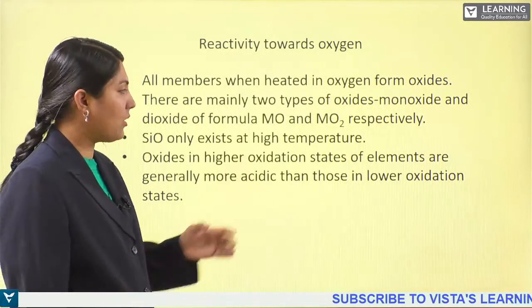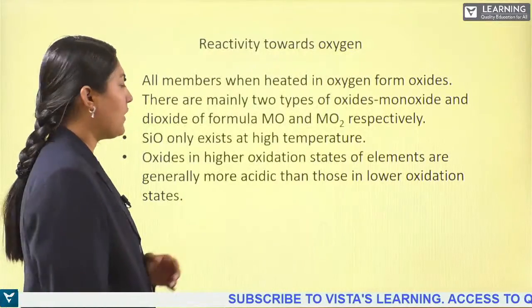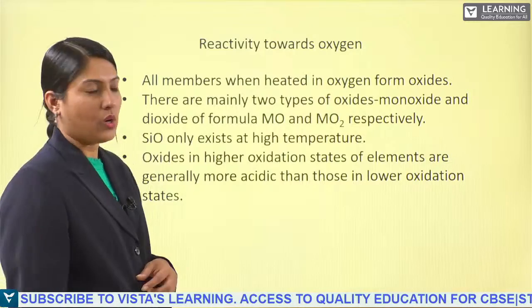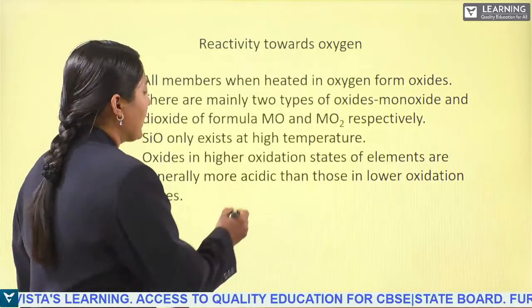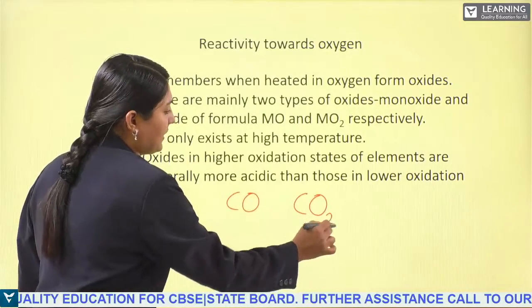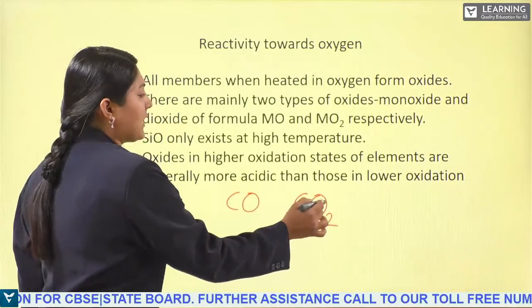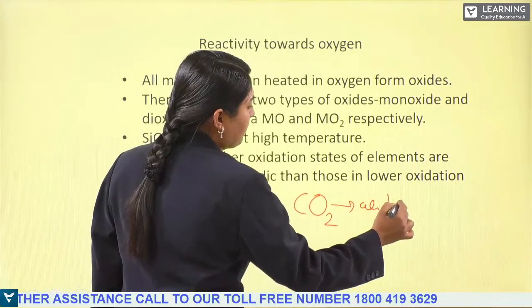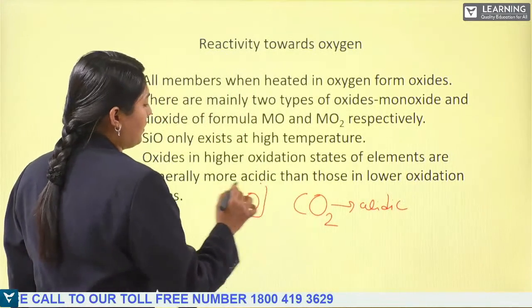Oxides in higher oxidation states of elements are generally more acidic than those of lower oxidation state. That means if I take carbon monoxide and carbon dioxide, carbon dioxide is more acidic compared to carbon monoxide.